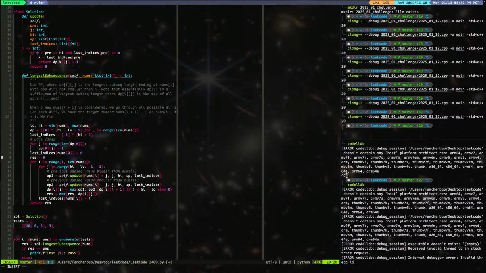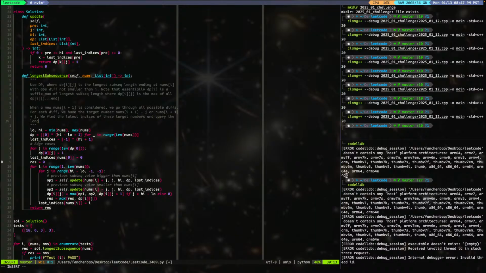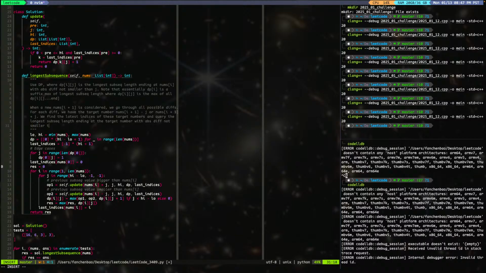We find the latest indices of these target numbers and query the longest subsequence length ending at the target number with absolute diff not smaller than j.